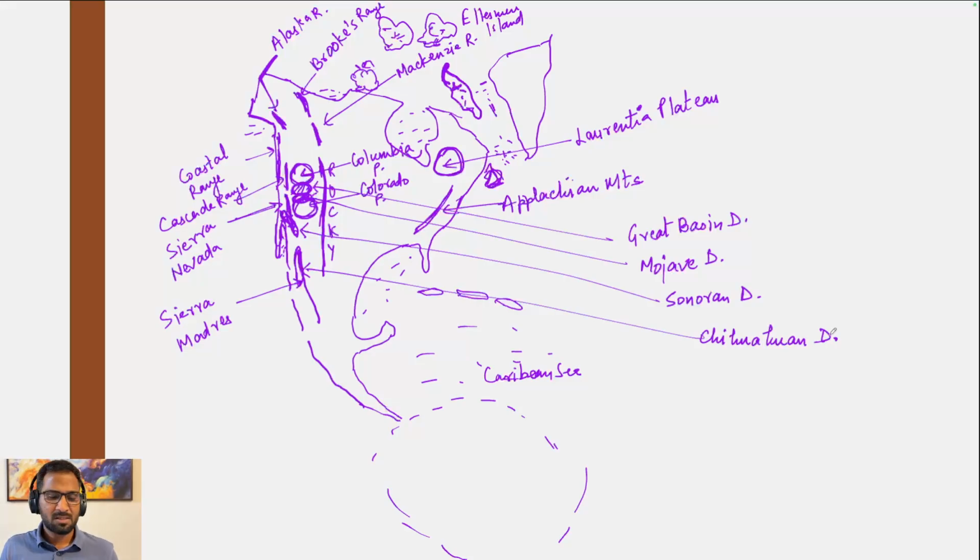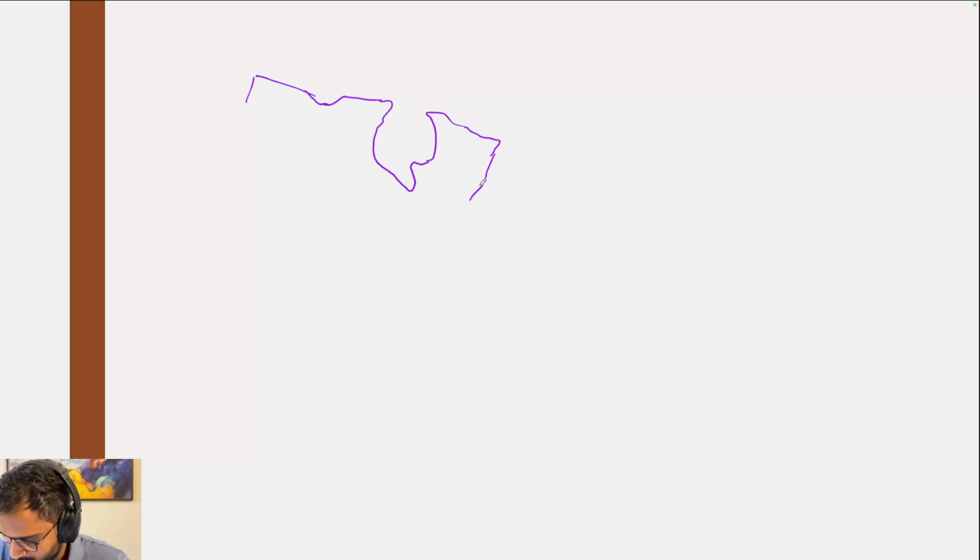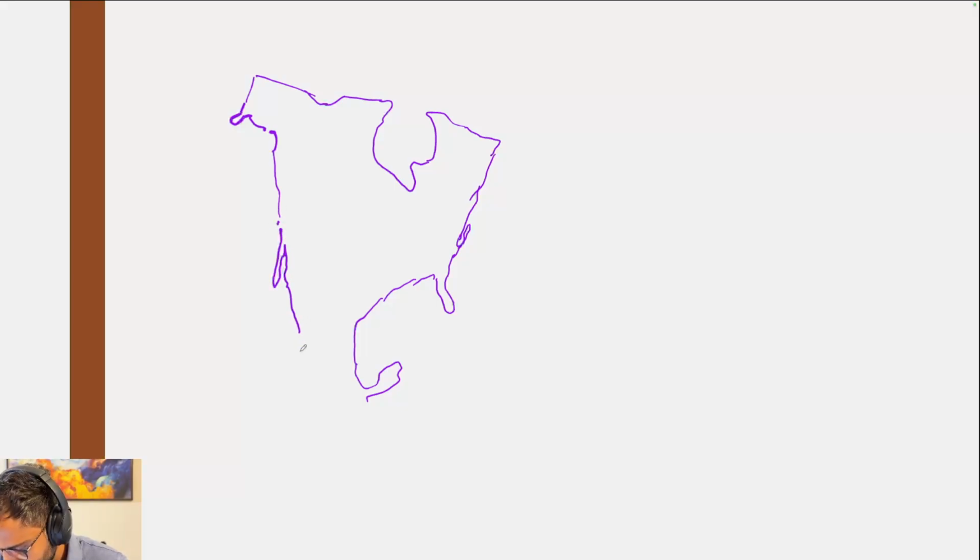So now let's see the lakes and rivers. So let's draw the map again. Now let's see the lakes and the rivers.